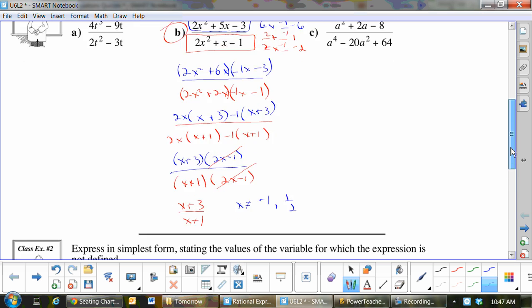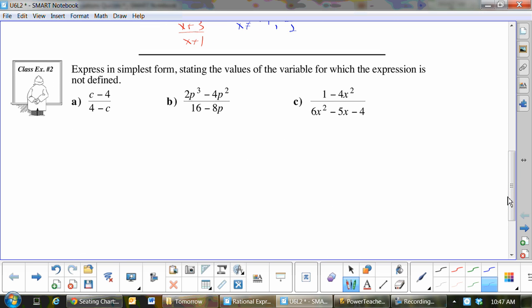Now, example 2A with C's in it. This is the most important concept of this lesson. It is something that you have to know how to do. Put a nice little thing on a study sheet, so when you look at it in two months, you'll understand it and remember it.